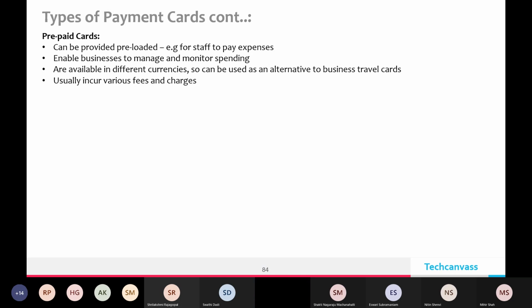And generally, whenever I travel, if I do the currency exchange here, it is generally slightly higher. As I told you yesterday, if it is a cash transaction, the currency rate is much higher. So if I want to buy say $100, they will charge me at 78 rupees or something like that.